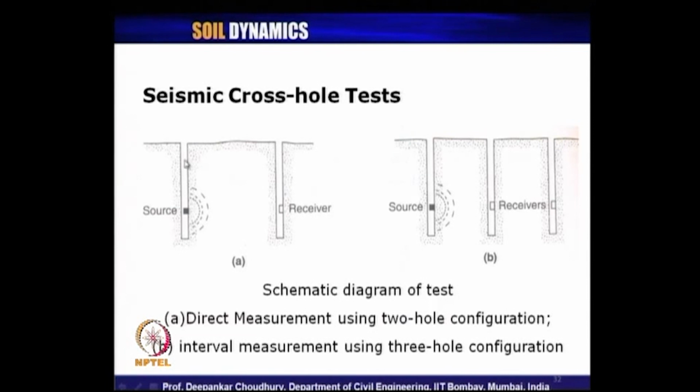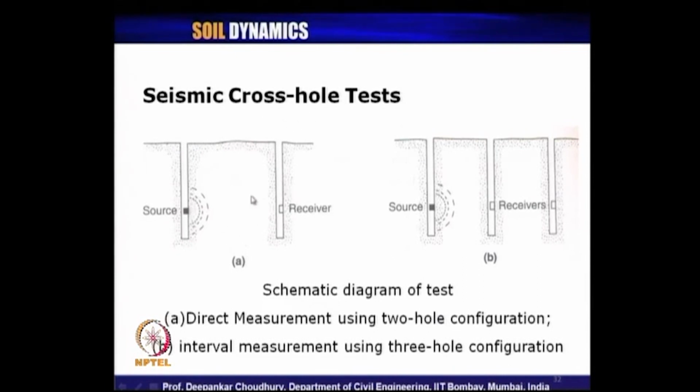Cross holes are similar to when you create a borehole, and within the borehole you apply your source, that is, create the vibration, and in another borehole adjacent to it you put your receiver and record the travel of the waves. So, that is the direct measurement using a two borehole configuration, and instead of two boreholes you can utilize multiple boreholes also, such as interval measurement using a 3 borehole configuration. So, these are referred to as seismic cross hole tests.